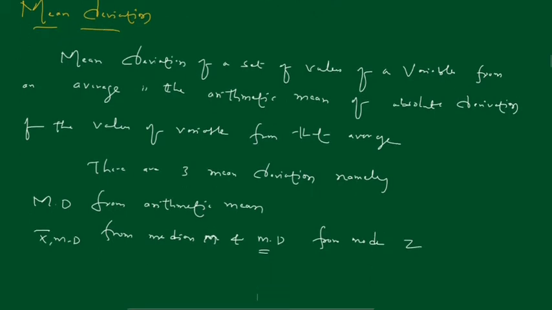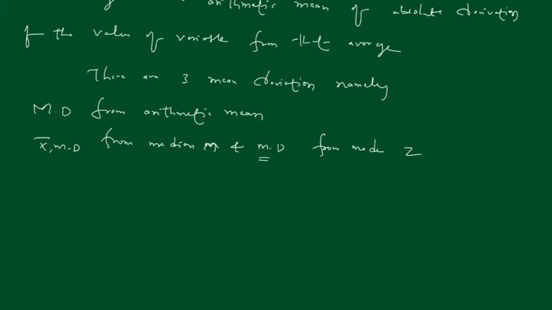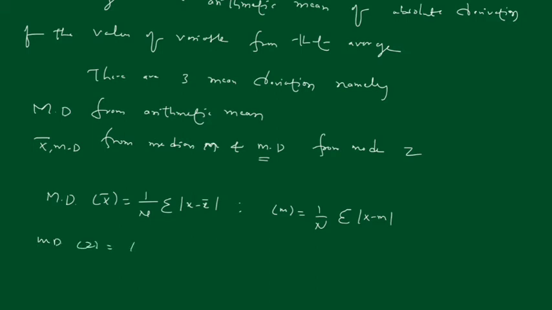So let's see different formulas for this. Mean deviation about X bar equals 1 by n summation mod X minus X bar, or about the median equals 1 by n summation mod X minus M, or MD in terms of Z, 1 by n summation mod X minus Z. However, MD of Z is not commonly used, right?